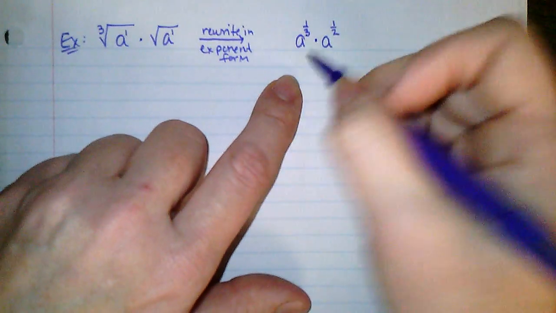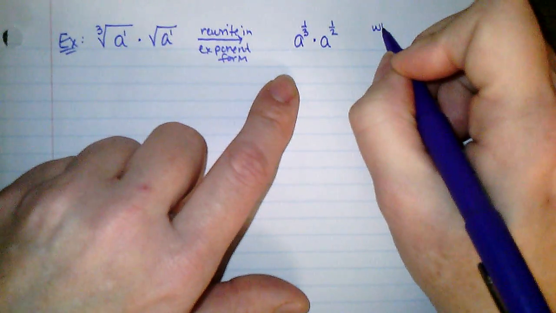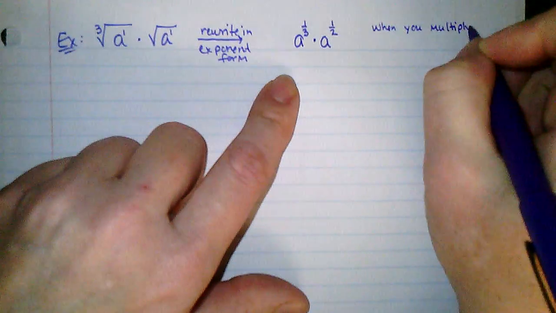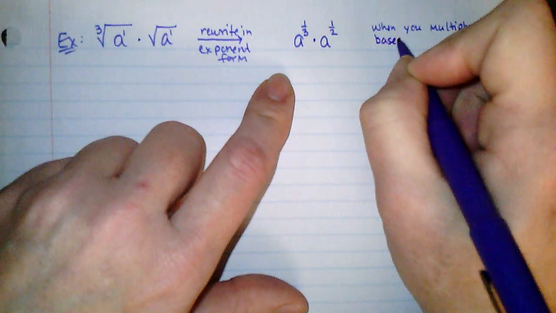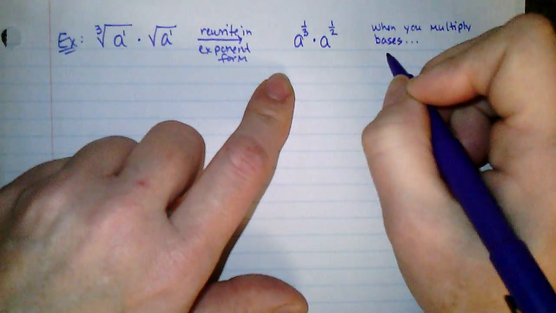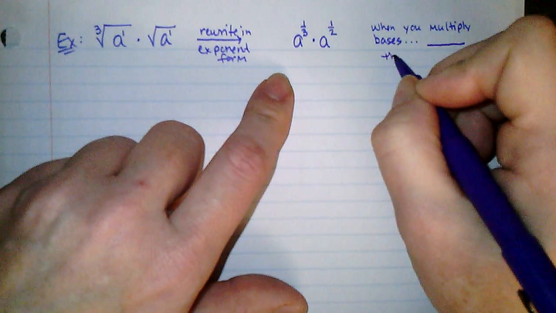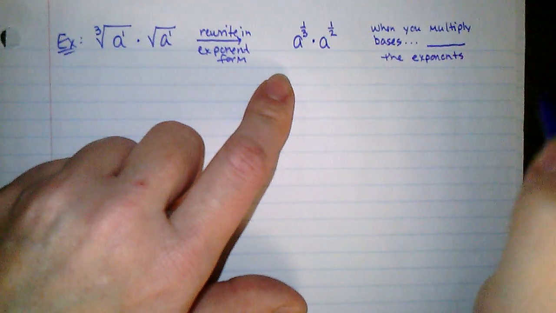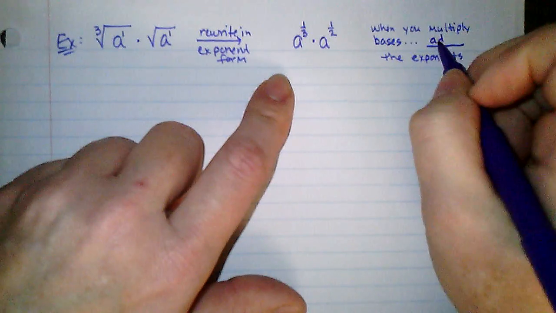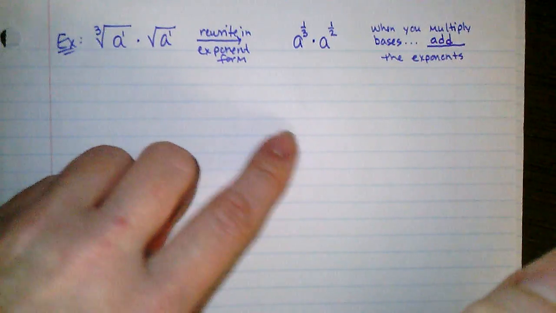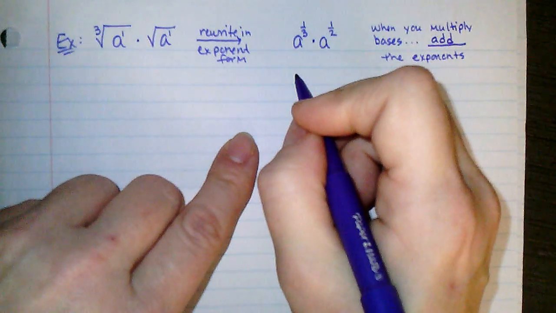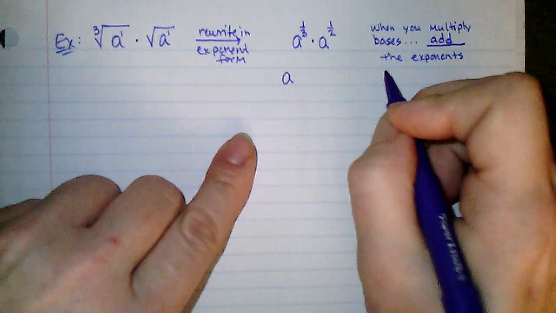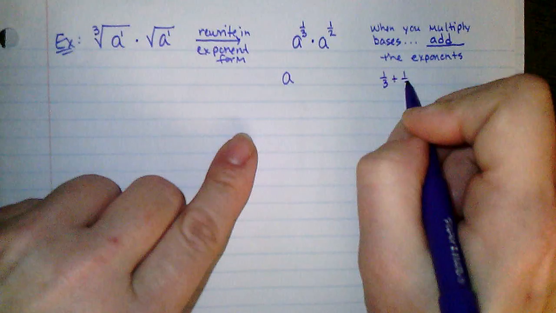Now we have a multiplication problem. Remember that when you multiply bases with the same base, what do we do with the exponents? When you multiply bases, you add the exponents. So now I have a to the 1/3 plus 1/2.